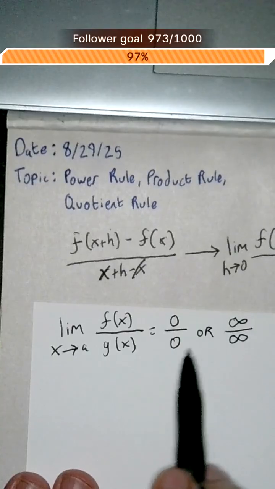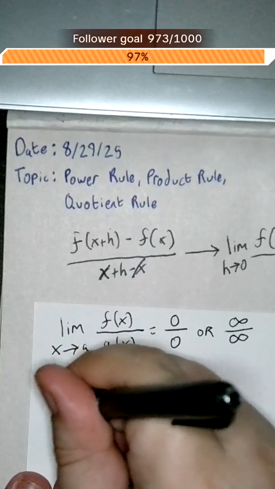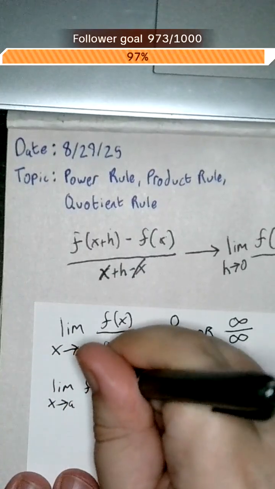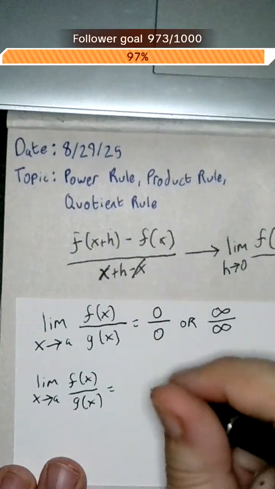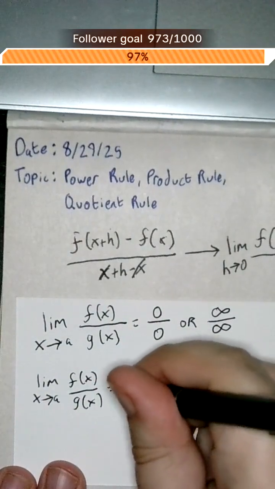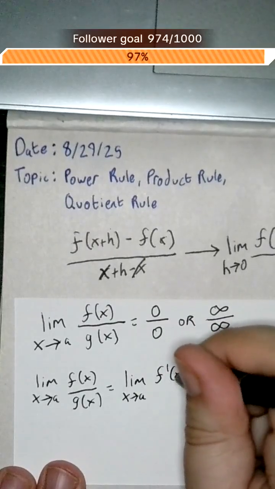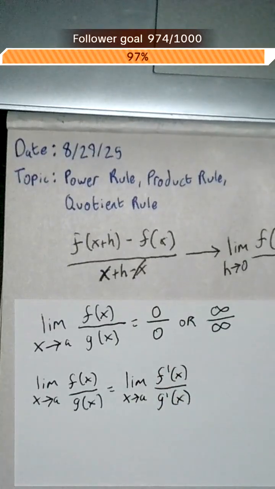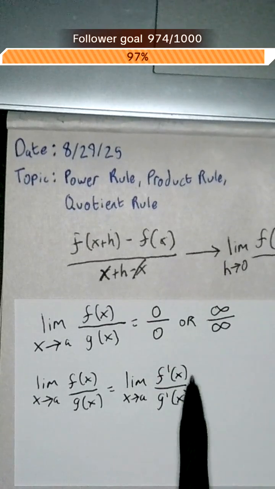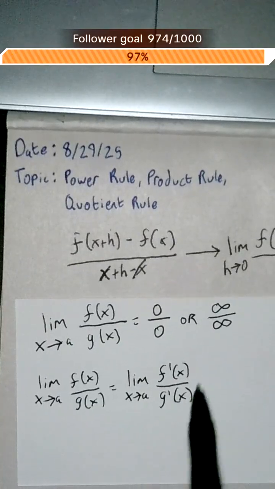If this is true, then the limit as x approaches a of f of x over g of x is going to equal the limit as x approaches a of f prime of x over g prime of x. And f prime and g prime are just other names for the derivative of f and the derivative of g. But we're not going to use this tonight.